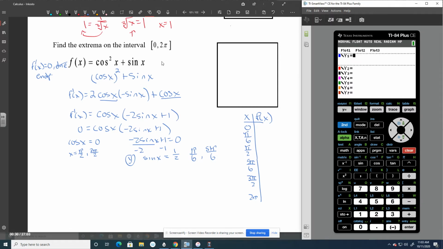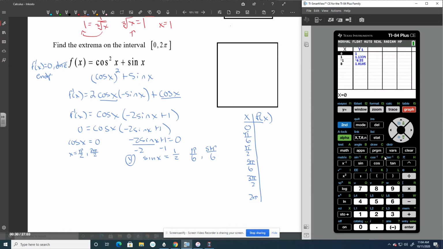So I'm going to rewrite. Remember, I'm plugging these into my original function because I want to know my extrema: my highest value and my lowest value. So I put in cosine of x squared, and then add sine of x. I'm not going to accidentally hit graph because I don't want you to see it quite yet.